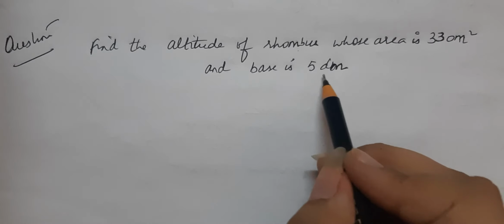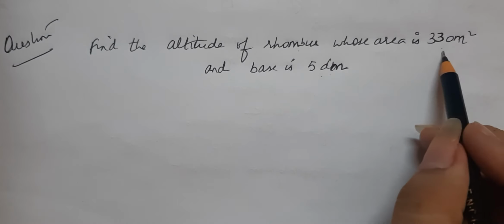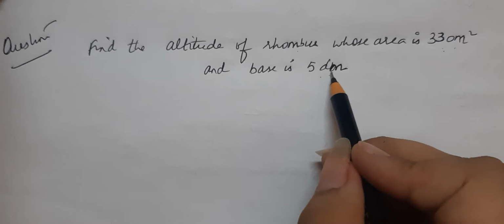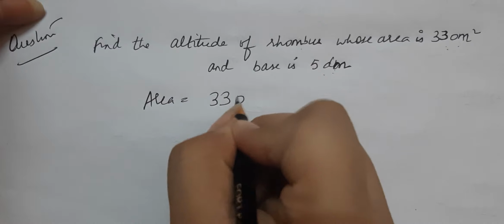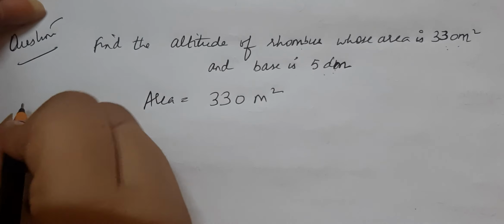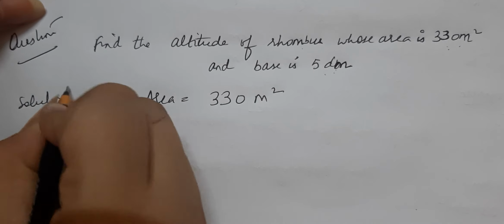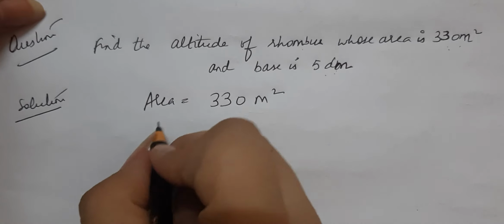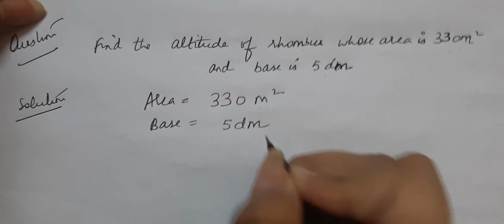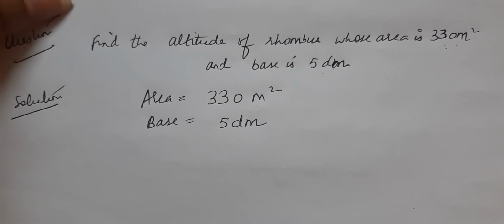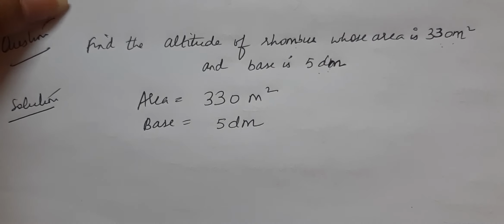So here different units are used. This is meter square, this is decimeter. Area is given as 330 meter square, and base is given to me as 5 decimeter. It's your choice if you want to make the figure; it helps the presentation and the understanding of the question also.